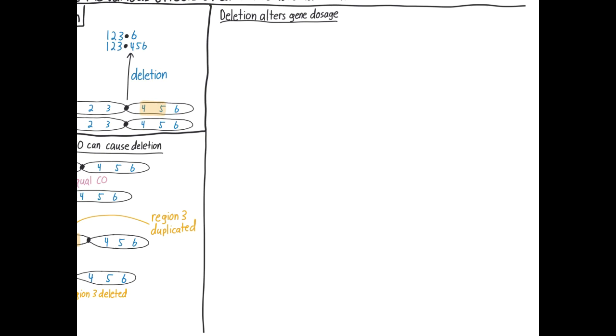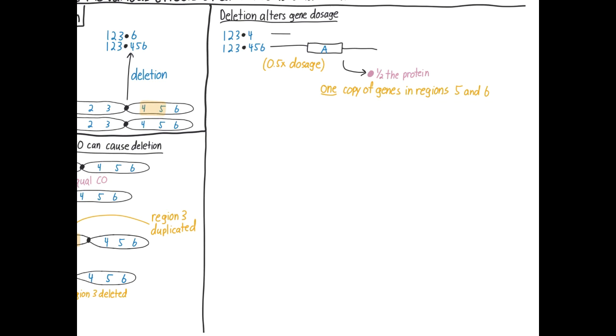If a cell is heterozygous for a deletion of regions 5 and 6, the cell only has one copy of all the genes in these regions, including our hypothetical A gene. So the gene dosage for these genes is only 0.5x. One copy will only produce half the amount of protein.